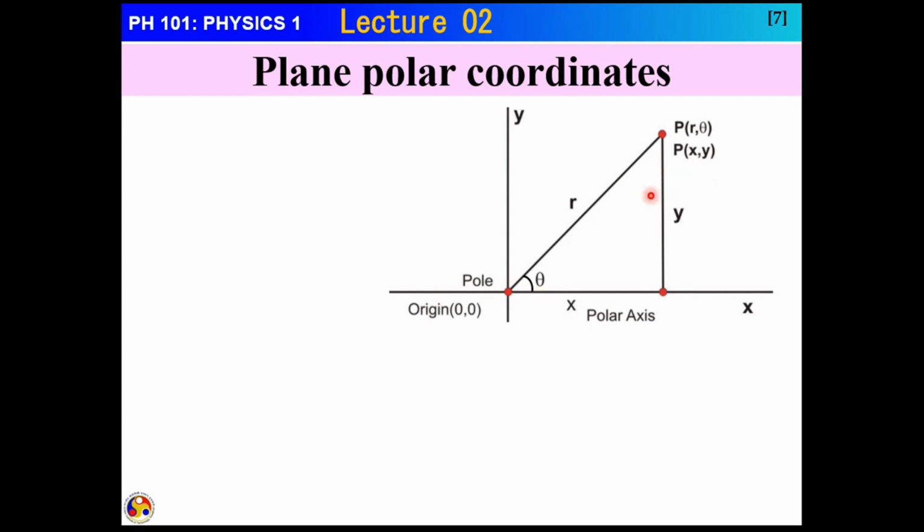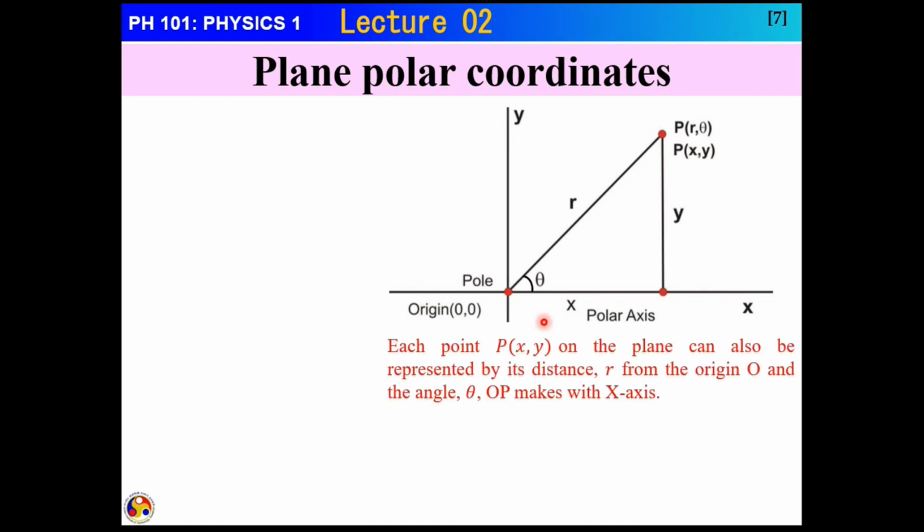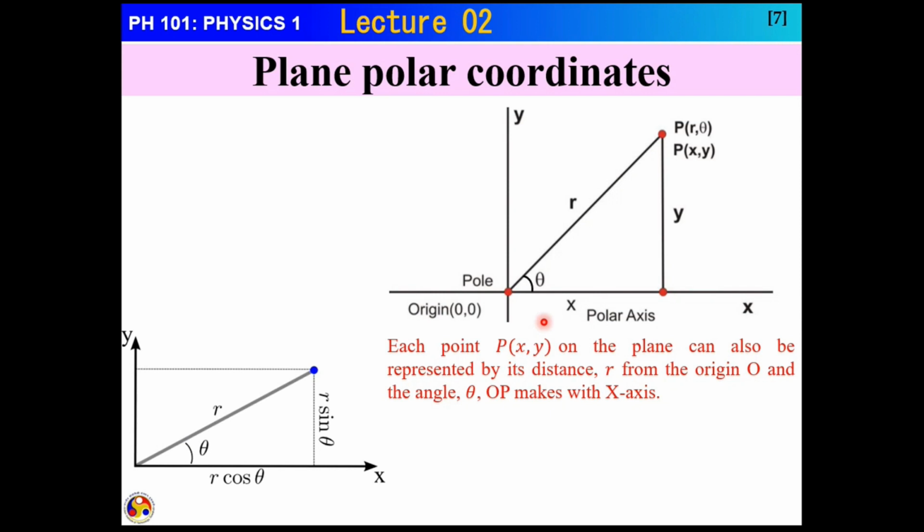For the polar coordinate system, we use r and theta, where r is the distance of this point from the origin, and theta is the angle made with respect to x-axis. Each point P(x, y) on the plane can also be represented by its distance r from the origin O and the angle theta OP makes with the x-axis. This is what I have told just now.